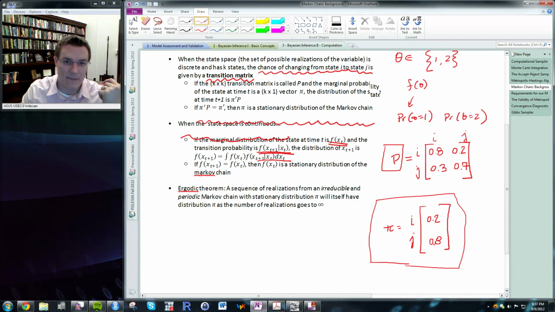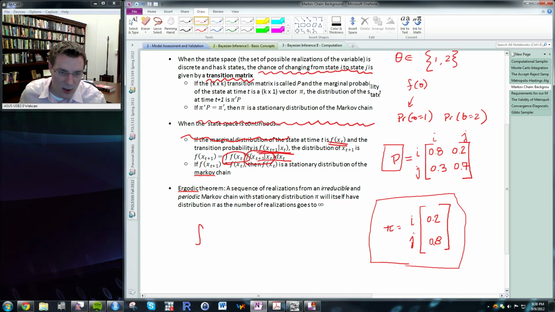And if it's not clear why f of xt plus 1 is the integral of the transition probability times f of xt, what this is saying is we have to start in some state, and we have to go to some state given that we started in some state.